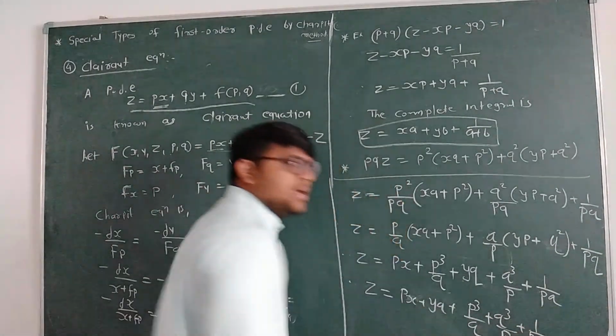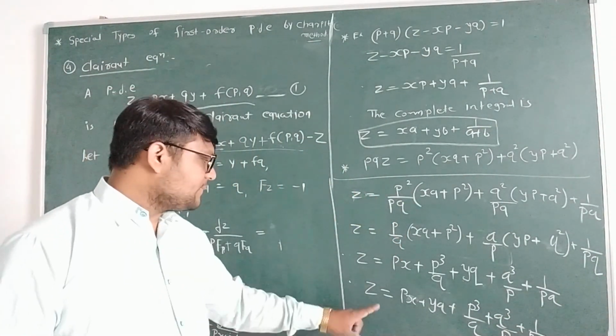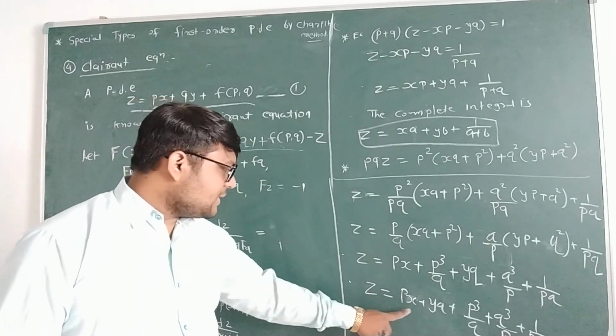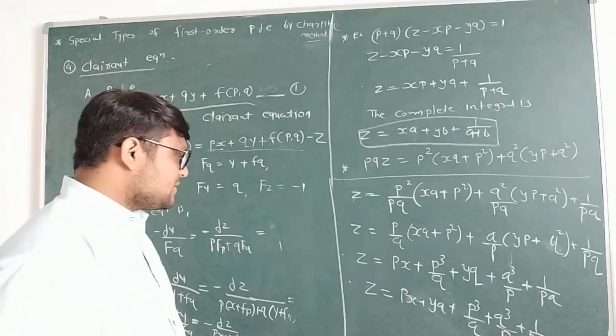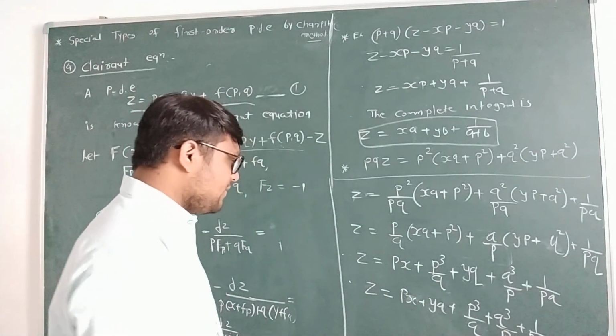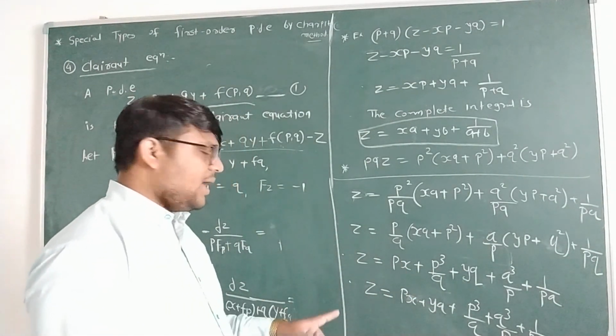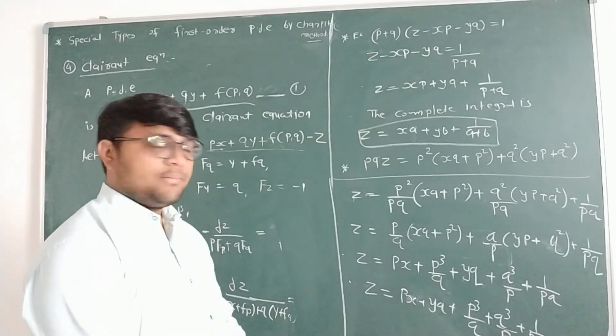So which is nothing but a Clairaut equation, that is z equals px plus qy plus function of p and q. So it's a complete integral. Just we have to put p equal to a and q equal to some constant b.